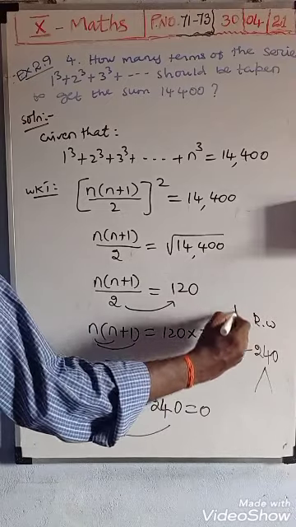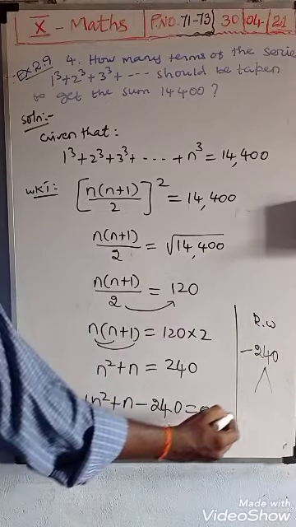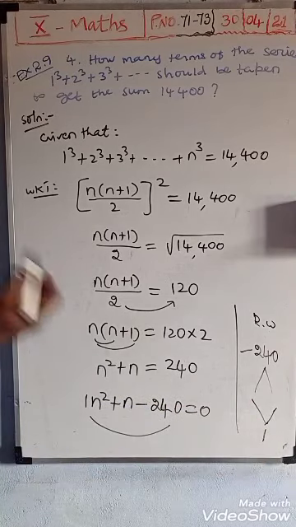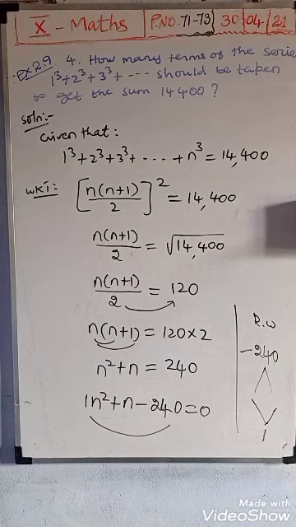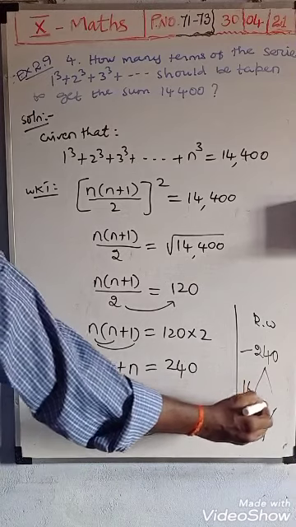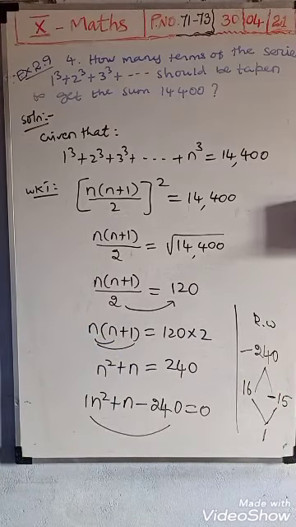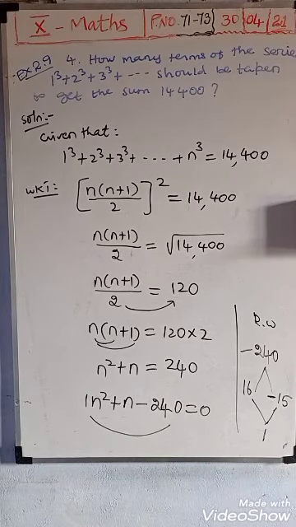Rough work: we want two numbers that multiply to minus 240 and add to plus 1. We get 16 and 15. Since we want plus 1, put the minus on 15. So 16 into minus 15 is minus 240, and 16 minus 15 is 1.